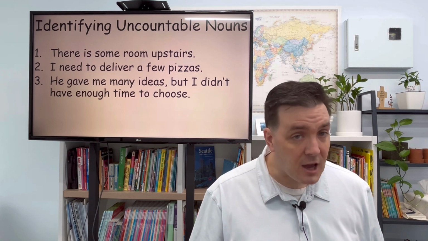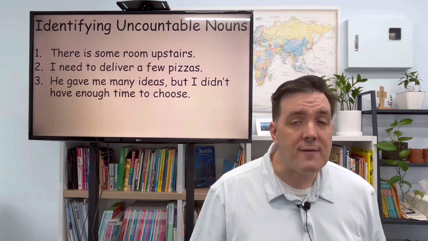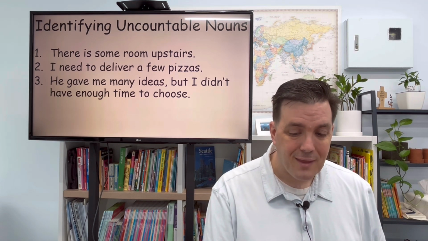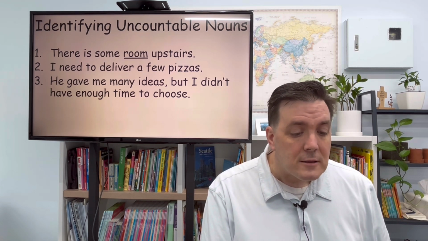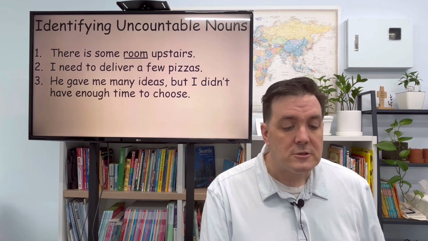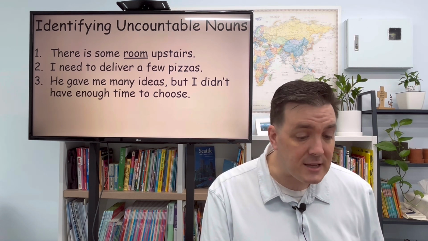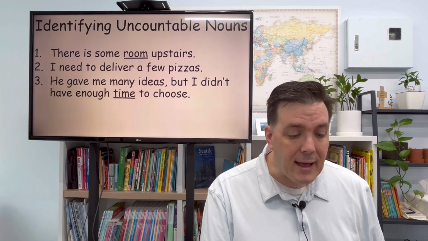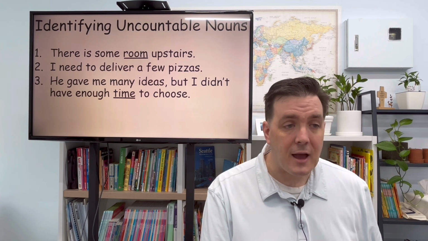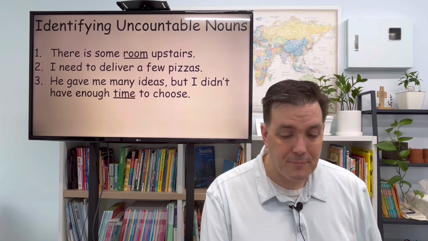Because I didn't say times, time is an uncountable noun. All right. Lastly, let's look at these words here. There is some room upstairs, as I said, is uncountable, and we didn't have enough time. Time is uncountable as well.